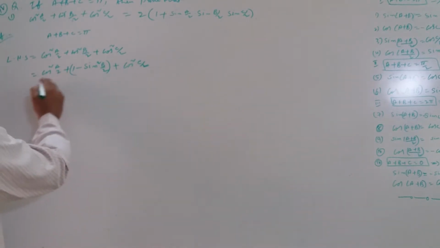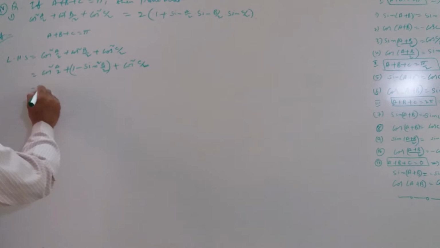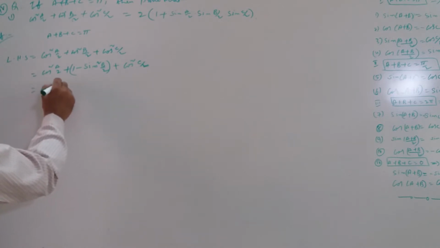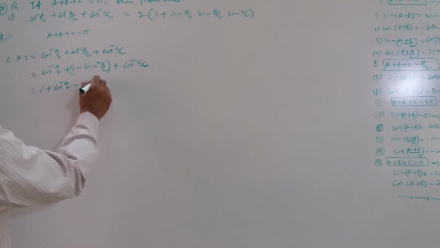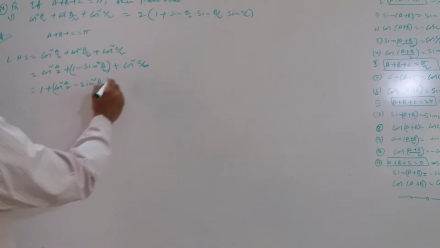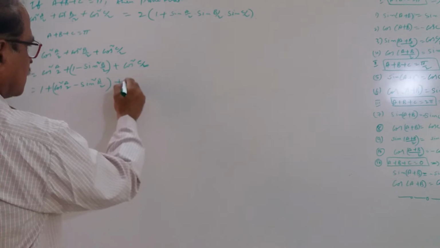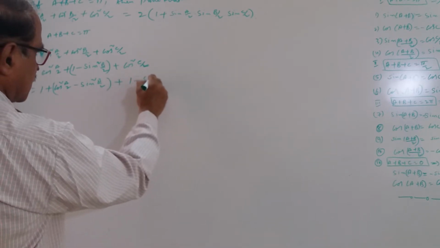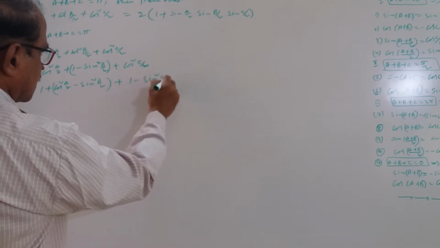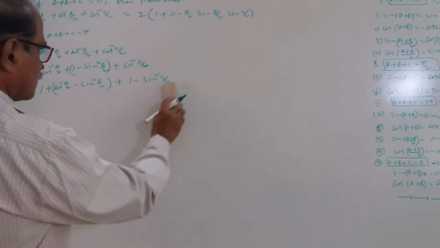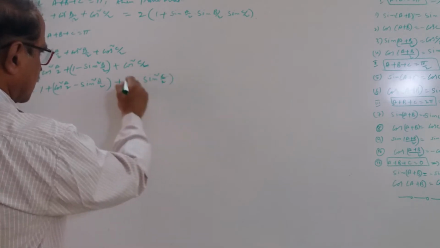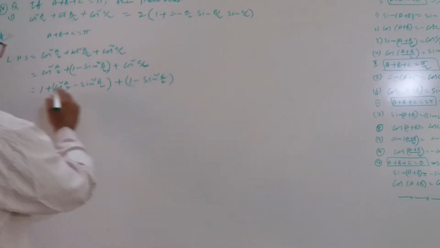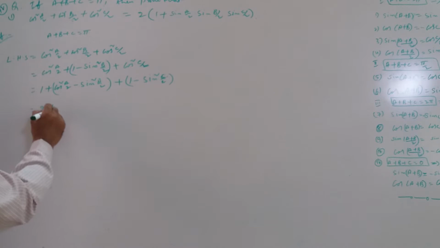If we rearrange the terms over here, 1 plus cos square a by 2 minus sin square b by 2 plus cos square c by 2, once again you can write 1 minus sin square c by 2. Okay. If we bring 1 to the front side, 2 plus cos square a by 2 minus sin square b by 2.